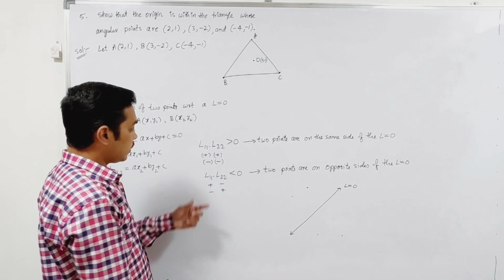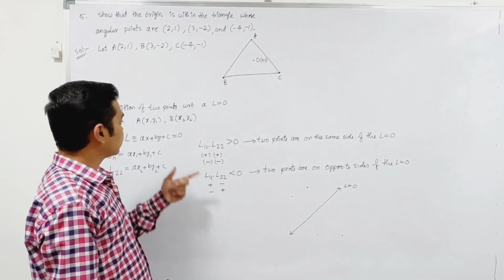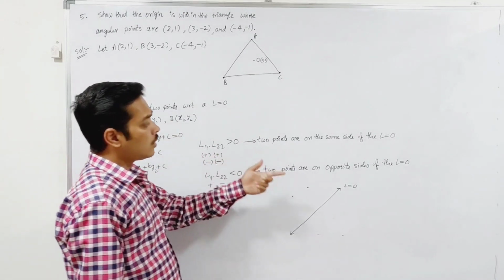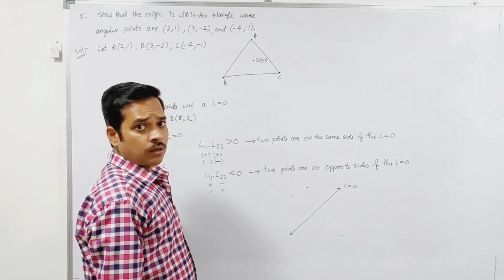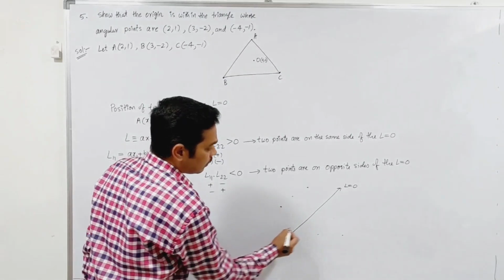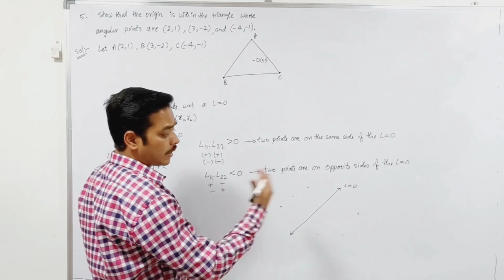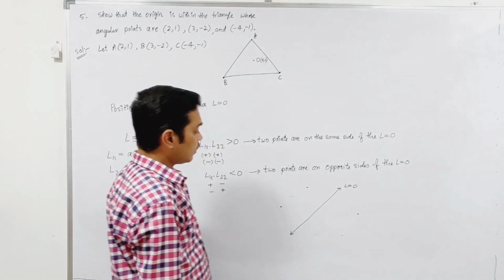In the second case, if L11 into L22 is less than 0, the given 2 points are on opposite sides of the line. 1 point lies on the left side, 1 point lies on the right side.